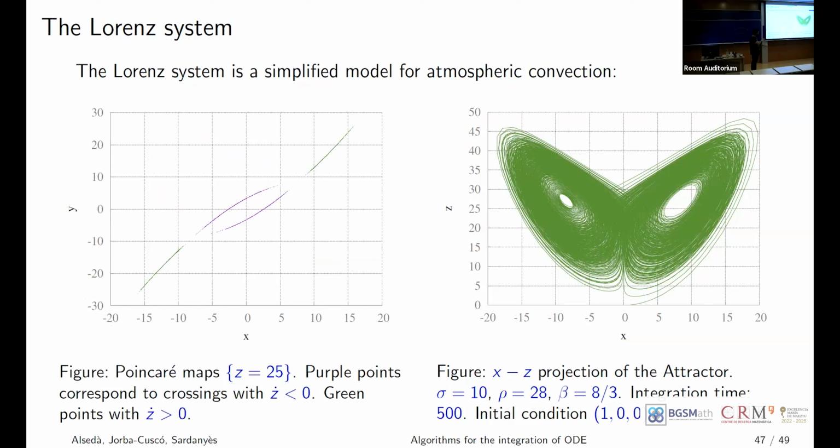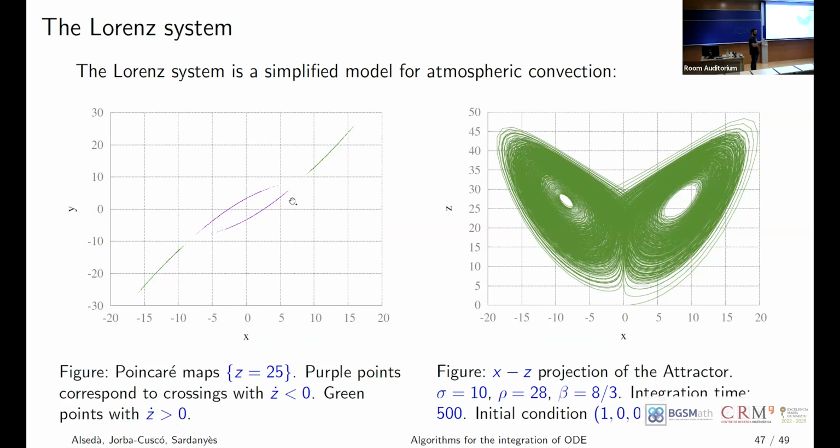By the way, this is a couple of Poincaré sections. I'm cutting this at z equal to 25. I'm looking at the points where this object crosses this value of z, and putting in purple the points corresponding to crossing with negative velocity of z dot, and in green the ones that cross with positive velocity.